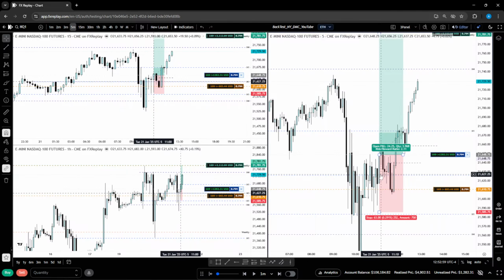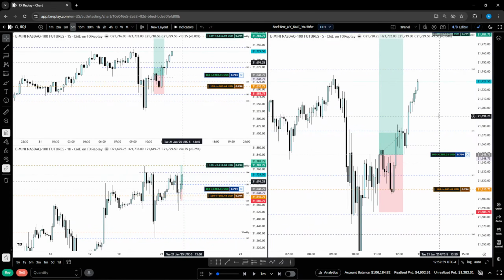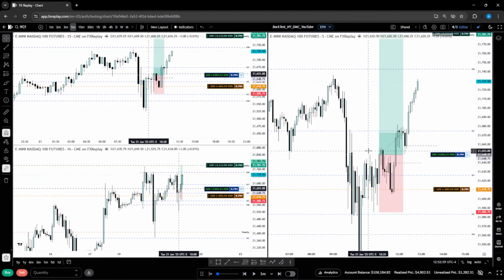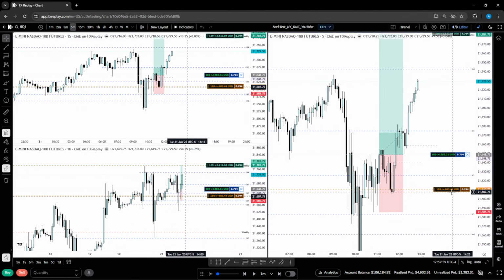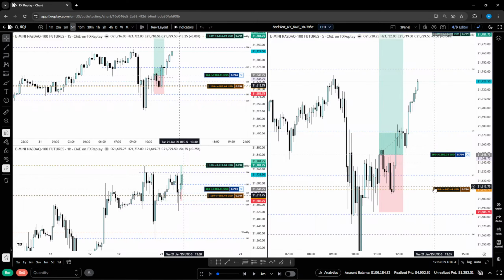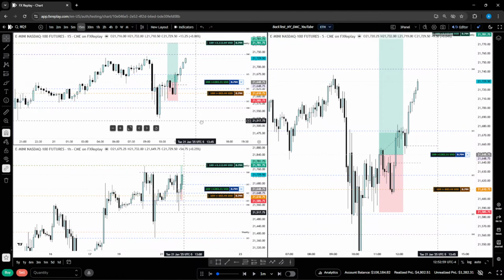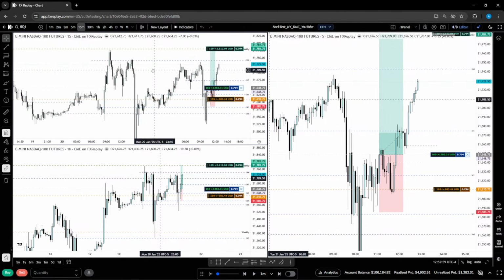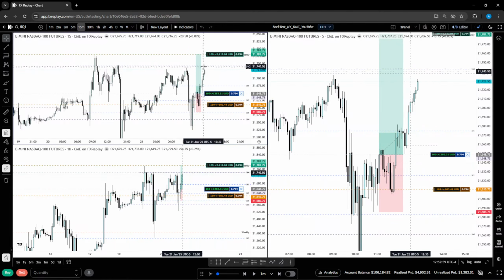So do I still want to allow this thing to come back down and test some of these levels? Okay, this level is being tested, so there is no point in allowing the trade to come. A bunch of levels.